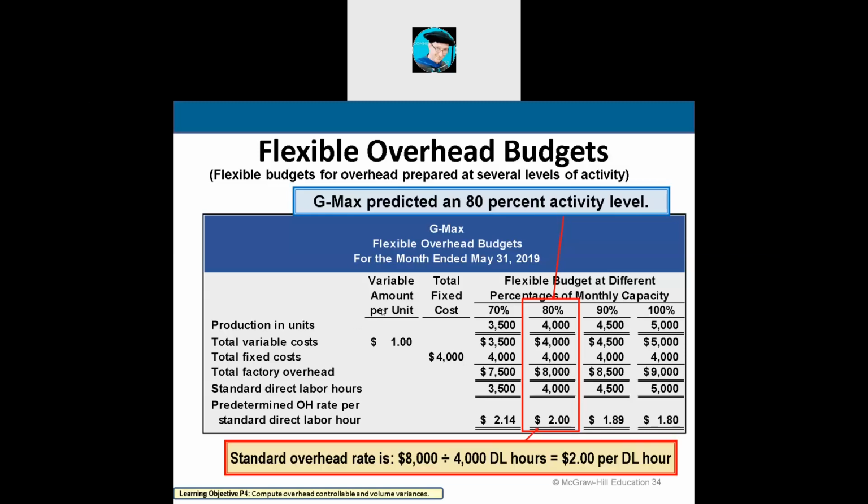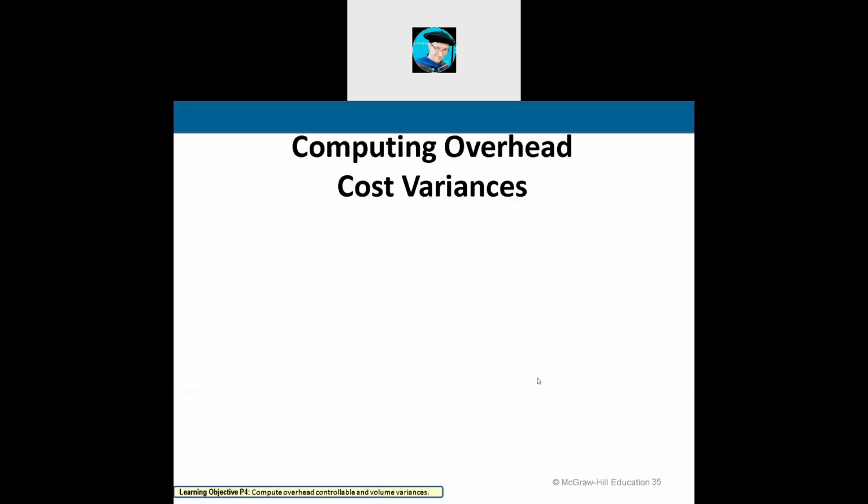If the predetermined overhead rate is at the 80% range, we would take the total factory overhead at that range divided by the labor hours at that range. In this example, $2 per hour overhead rate.